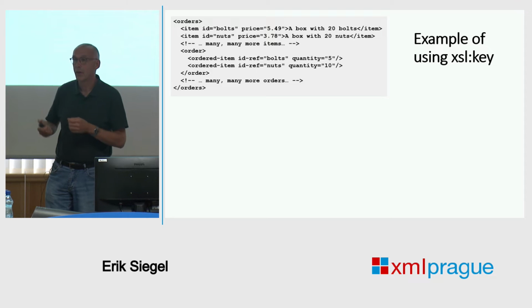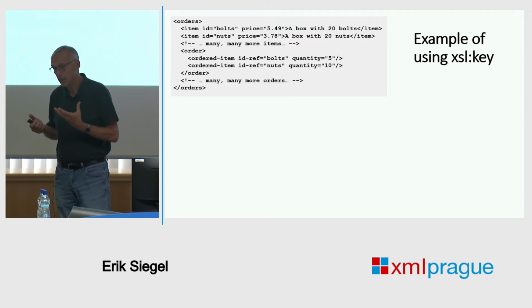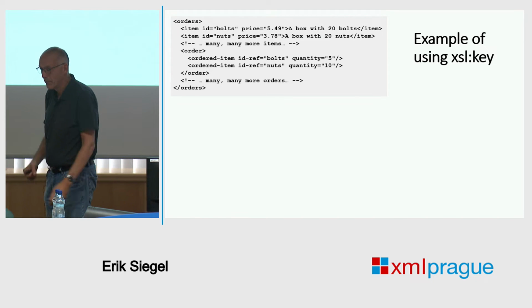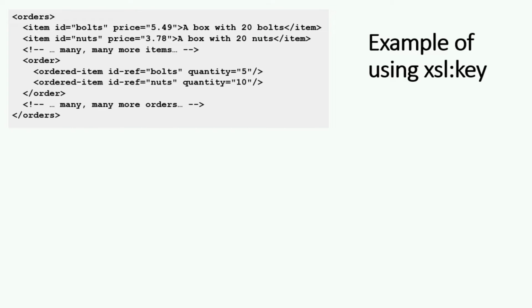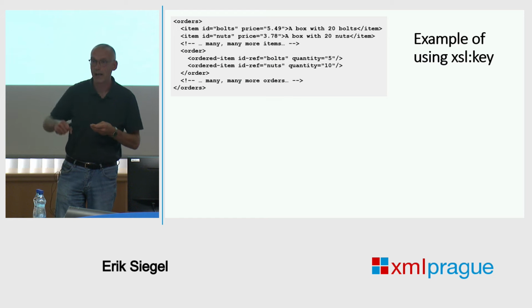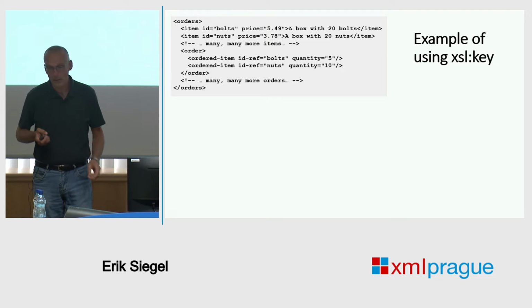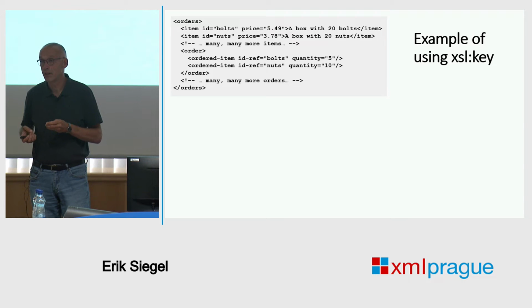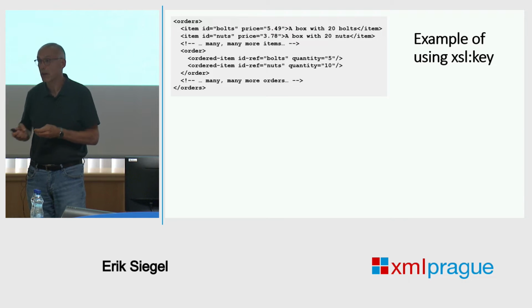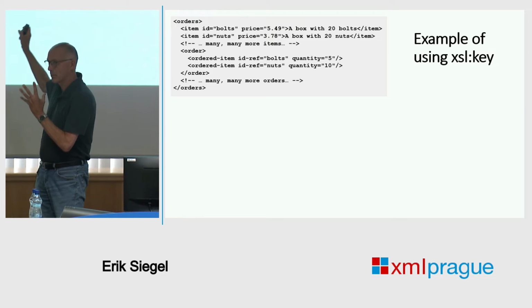Let's have a look at an example of using XSL key. Here is an example of a document, and it contains items and orders to items, and the orders must reference items by ID. Very simple. And let's also assume that this document is very, very large, much bigger than I can fit on my screen here.